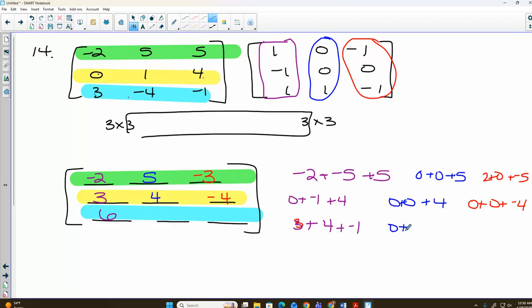Negative 4 times 0 is 0. Negative 1 times 1 is negative 1. And the last, 3 times negative 1 is negative 3. Negative 4 times 0 is 0. Negative 1 times negative 1 is 1. All right. Do we all understand how to do multiplication?